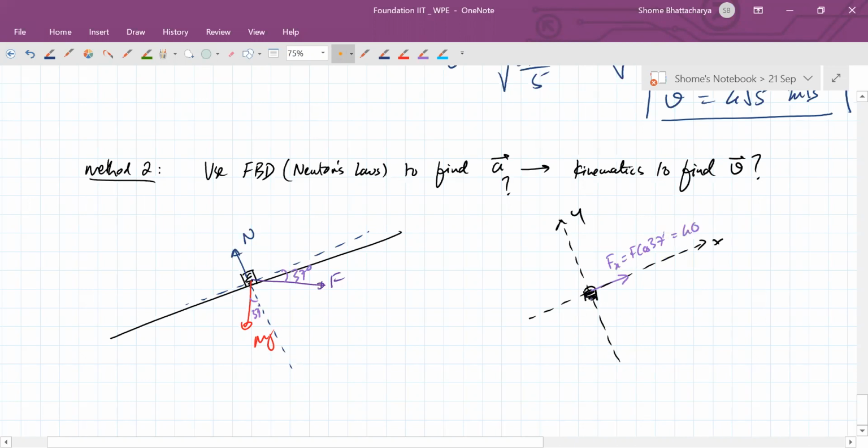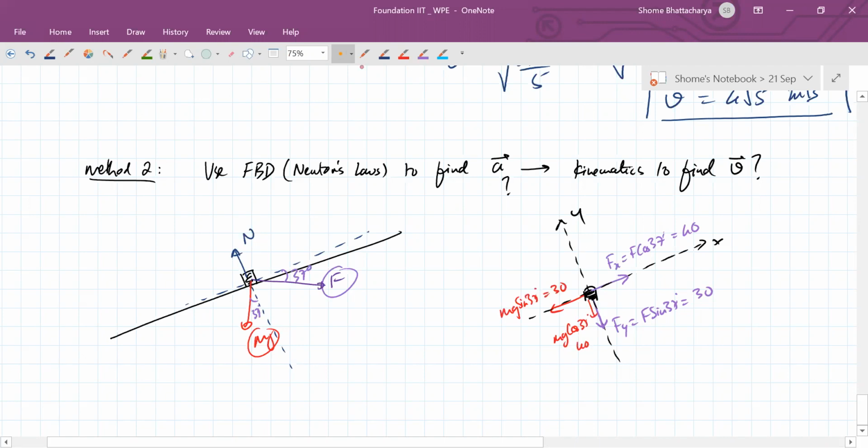And you'll get the component of this one, F sine 37, is 30. Okay, so you have resolved F over here. Then you resolve mg. The component of mg in this direction will become mg cos 37, or 40 newtons, whereas the component of mg in this direction will become mg sine 37. So that will be 30 newtons.